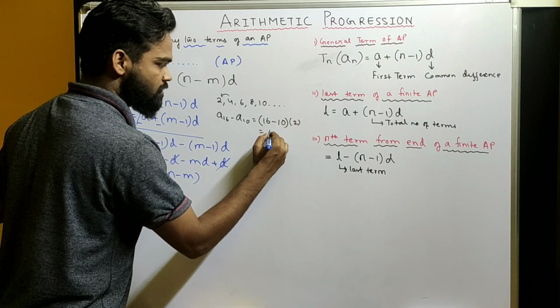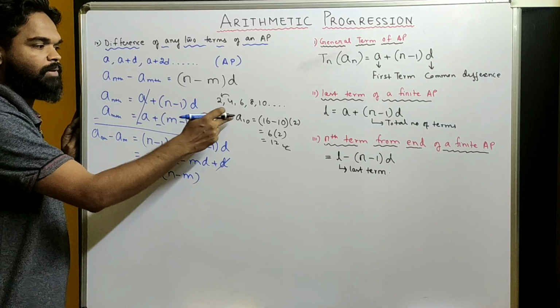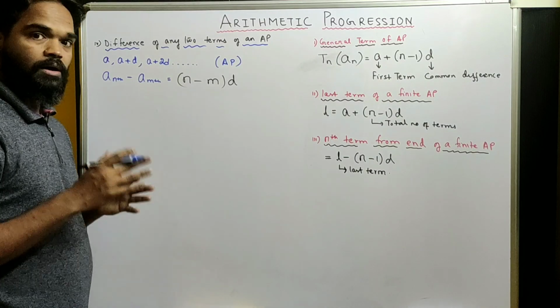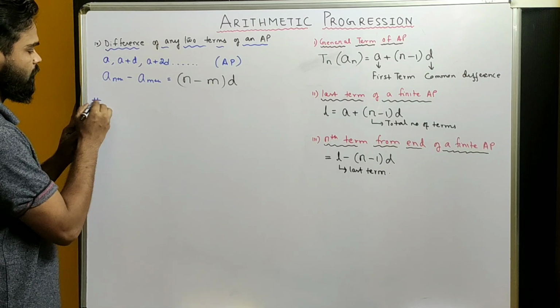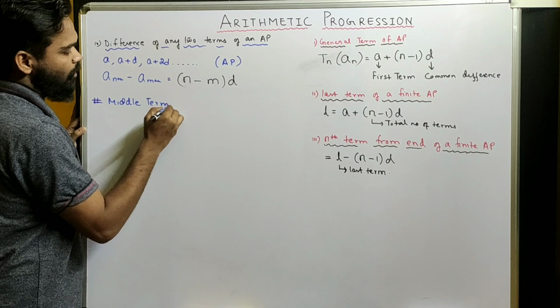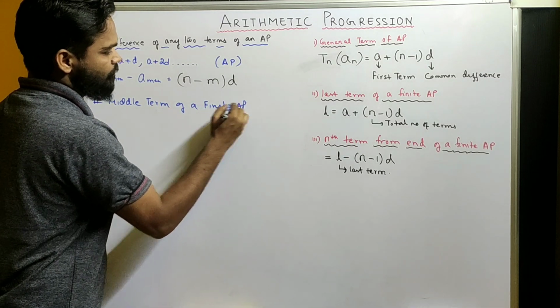So that's 6 multiplied by 2, that's 12. So the difference of the 16th term and the 10th term is 12. Clear?